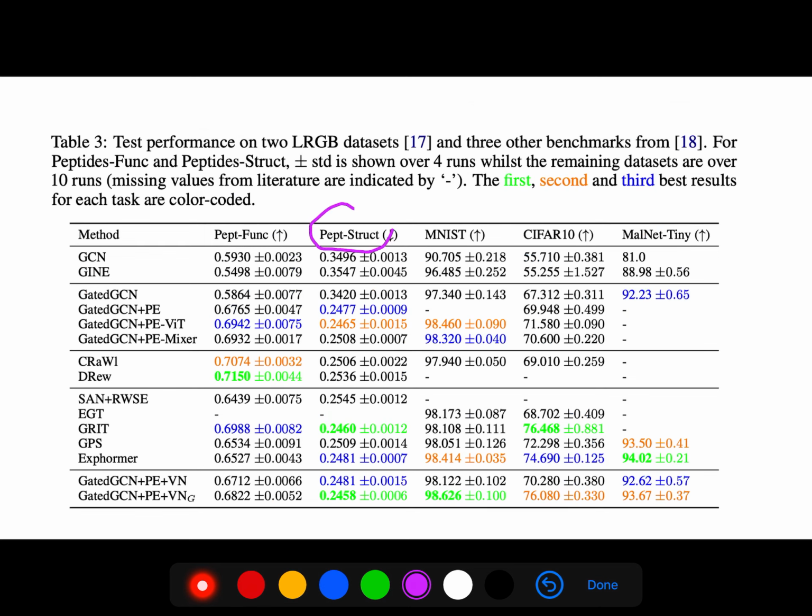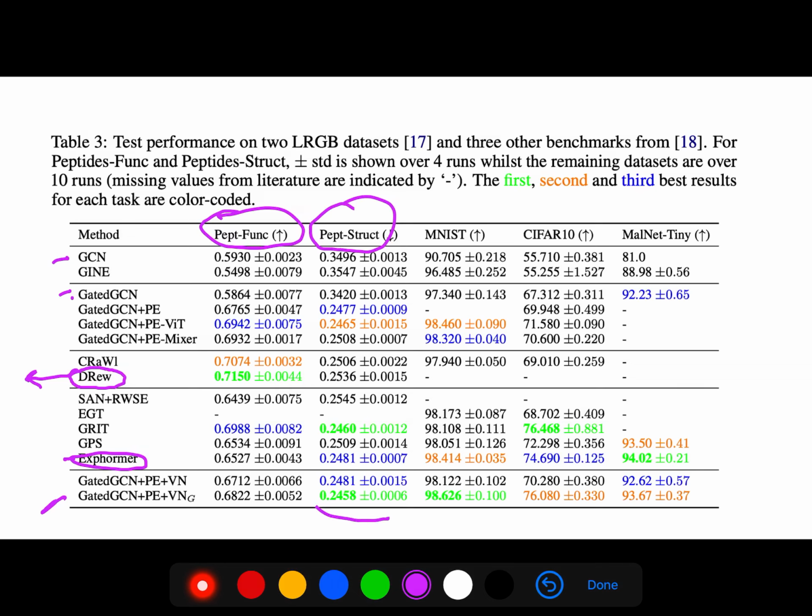So these two data sets are very important in biological data sets. And you see that they compare it with, for example, GCN, gated GCN. I think this is delay message passing of Mike Bronstein, if I'm not wrong. X-former, and their method here has this.